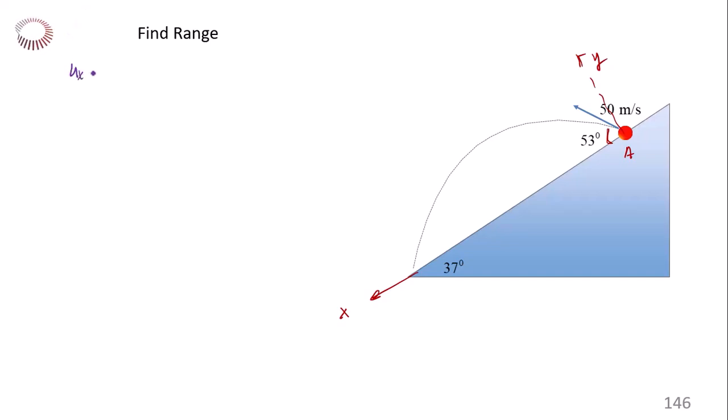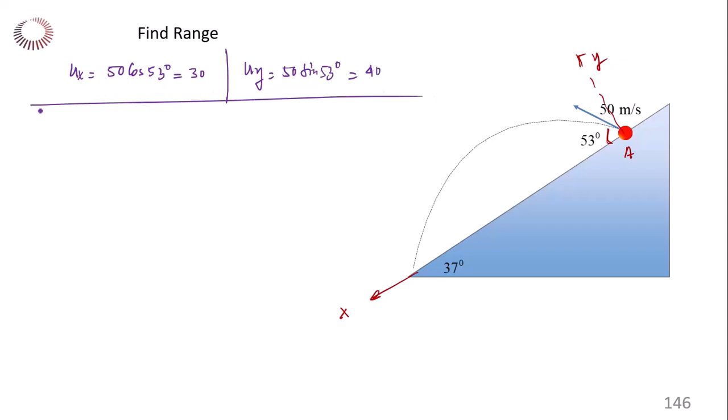Ux should be equal to 50 cos 53. Cos 53 means 3 by 5, that means 30. So what is Uy? Uy is 50 sin 53, that is 40.